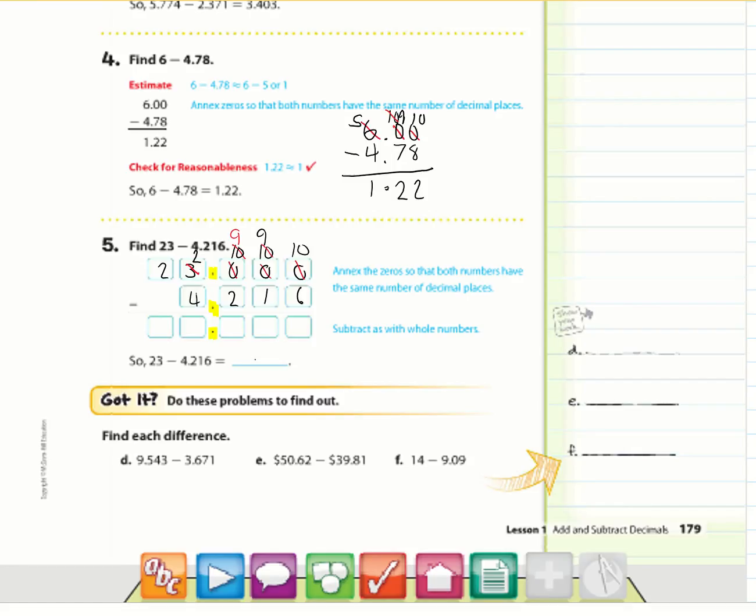So we have 10 minus 6 equals 4, 9 minus 1 equals 8, 9 minus 2 equals 7, 2 minus 4 we actually cannot do, so we're going to do one more borrow. 2 is going to become a 1, and our 2 becomes a 12. 12 minus 4 equals 8, and 1 minus nothing equals 1. So our final answer is going to be 18 and 284 thousandths.